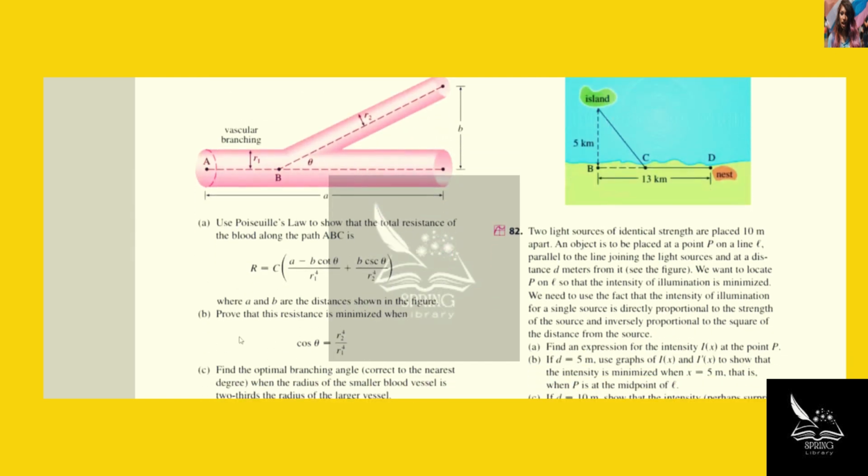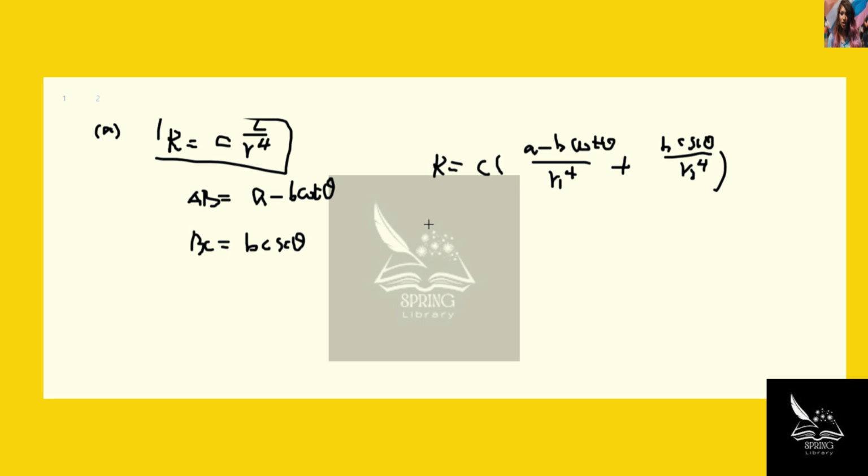Part B, prove that this resistance is minimized when cosine theta is equal to R2 to the power of 4 over R1 to the power of 4. So we take the derivative, dR d theta.